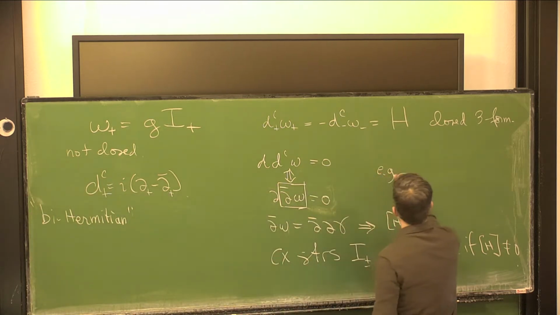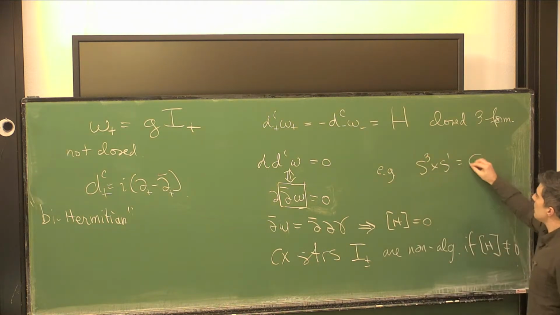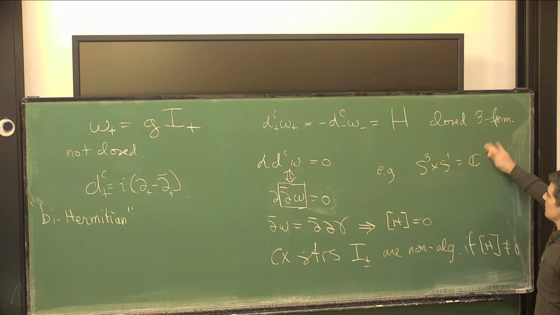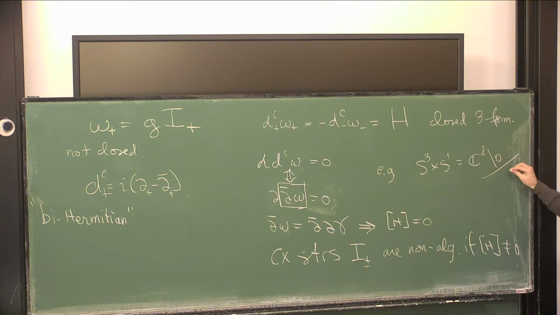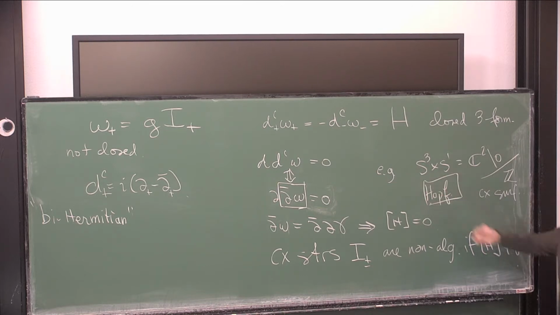for example, if we take S3 cross S1, which is C2 minus the origin mod the action of Z, you could express this in this way. It's a complex surface. It's called the Hopf surface. Okay, and it has no H2, cannot be algebraic, and the dd bar lemma does not hold.